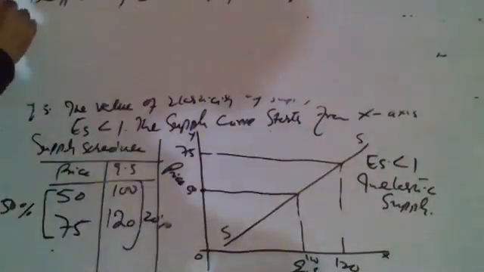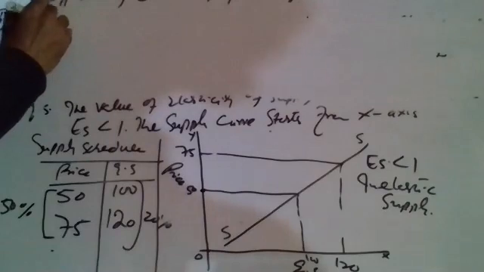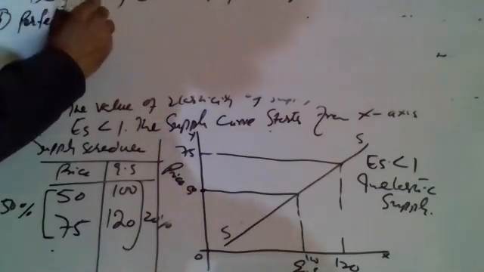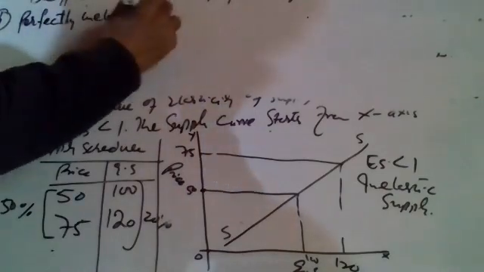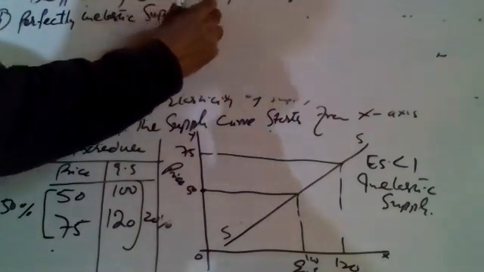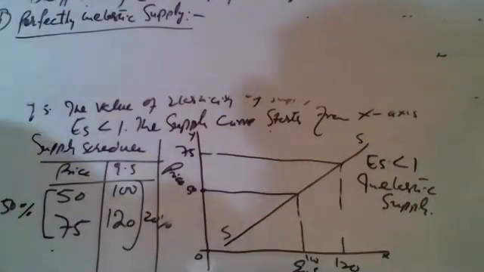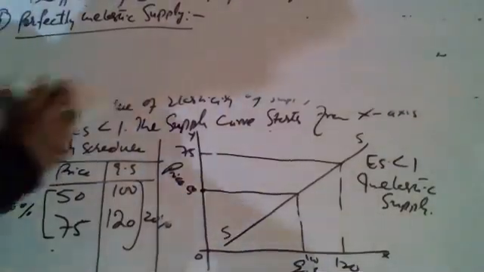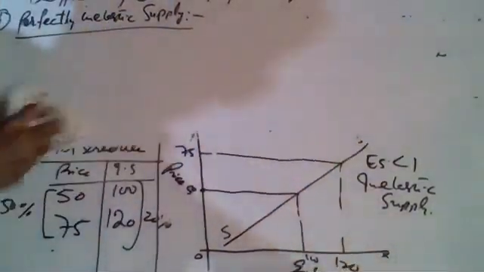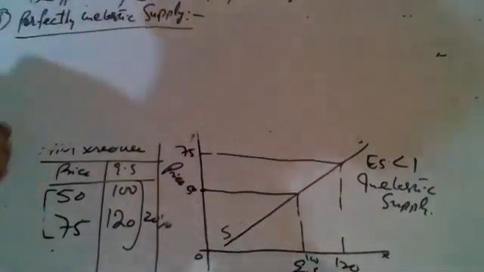Now you take up the fourth one, fourth degree, perfectly inelastic supply. The fourth one is perfectly inelastic.